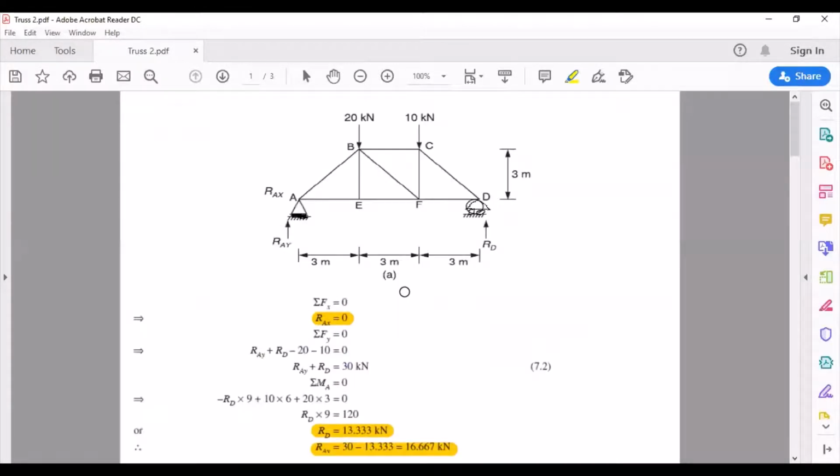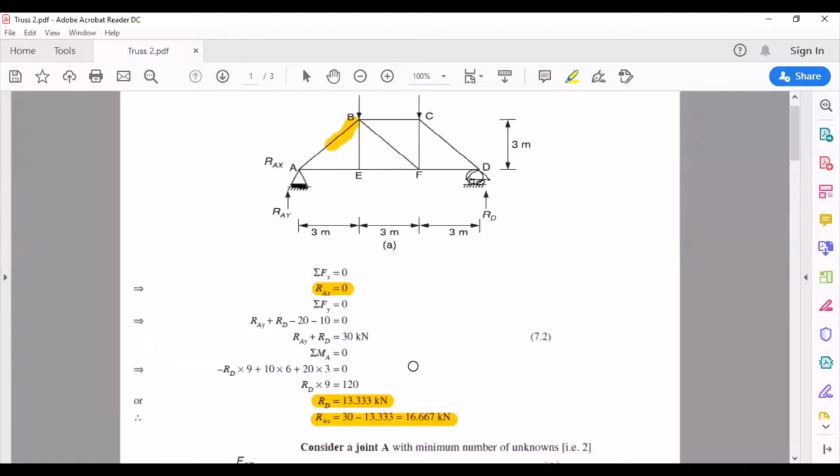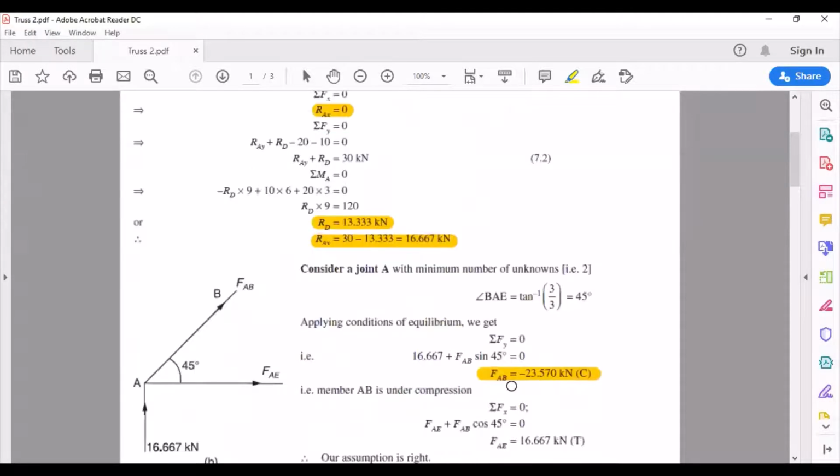Now let us see, if I consider joint B, how many unknowns will there be for me? In this joint B, you have BA, BE, BF, BC, four members. Of these four members, you know only member AB, which you have calculated.